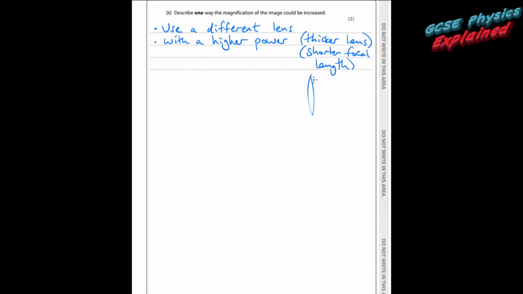That lens there is just skinny, so it's not very powerful. That lens there is thicker, so it's more powerful. Or you could say, move the object further away from the lens.